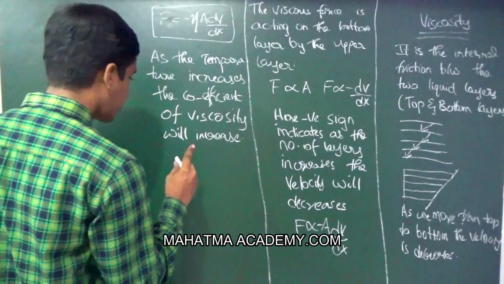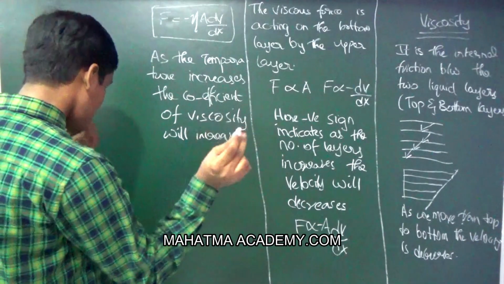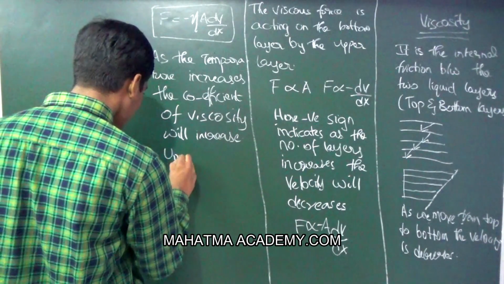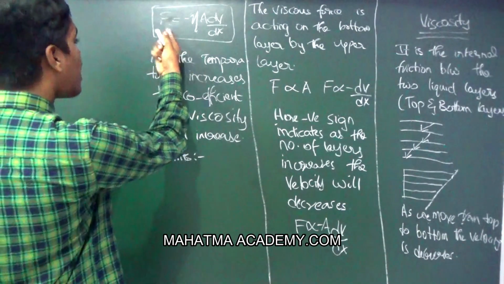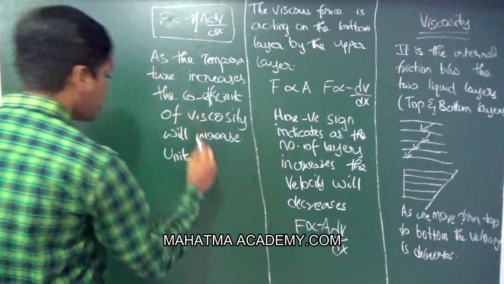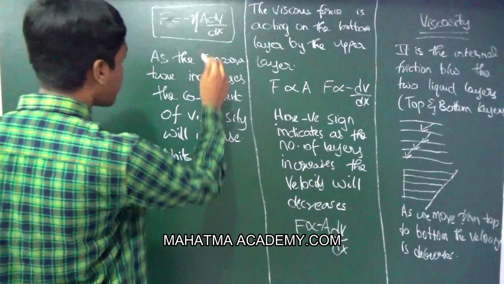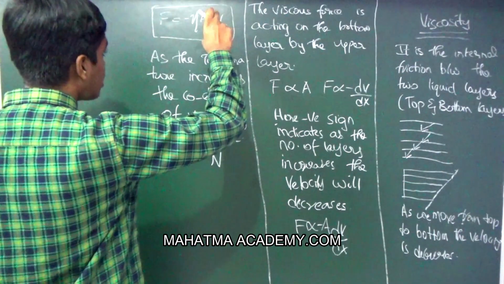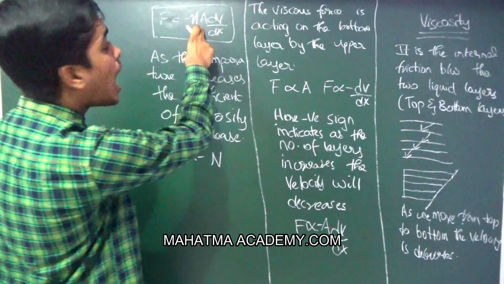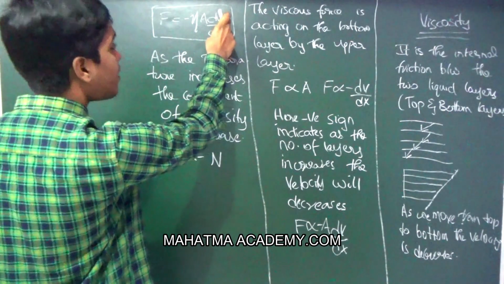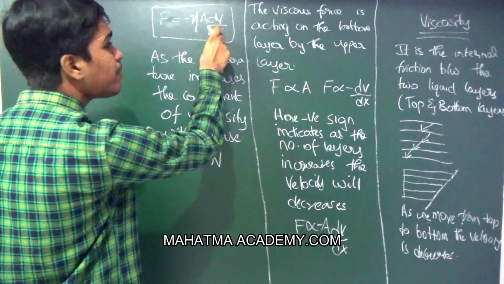Now we will write the units. From this we can write the equation as Newton. Here meter, here it will become meter square, and here it will become meter second to the power of minus 1, and here it is meter.